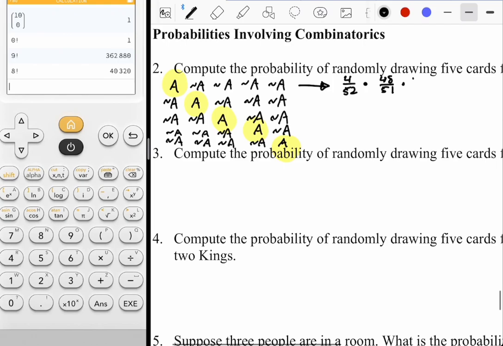Then we could have 47 out of 50, 46 out of 49, because we're removing 1 card from the set. Every time we withdraw a card from the set, it's in our possession. It's no longer in the deck. Then 45 out of 48.